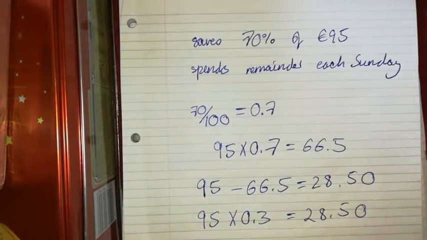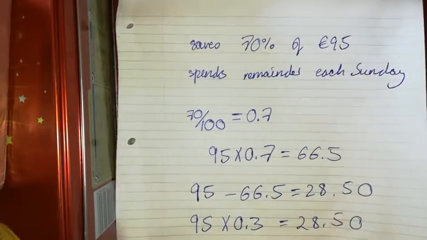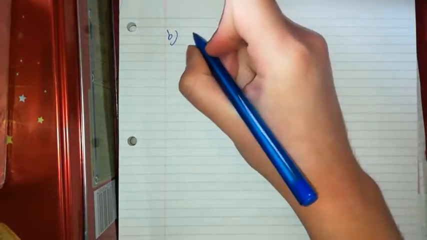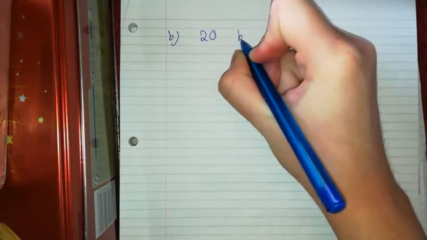And then in part B, it says Kyle's mum has 20 beehives.